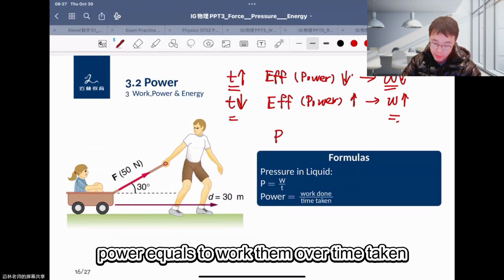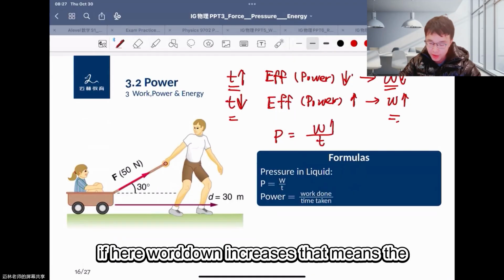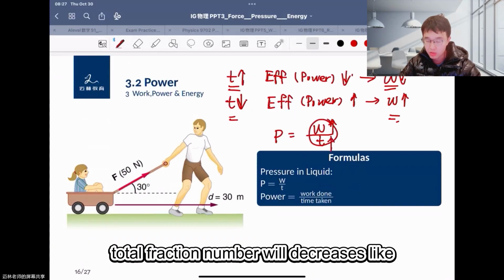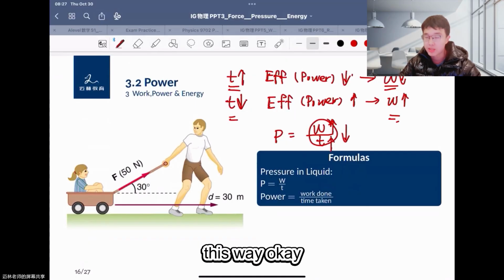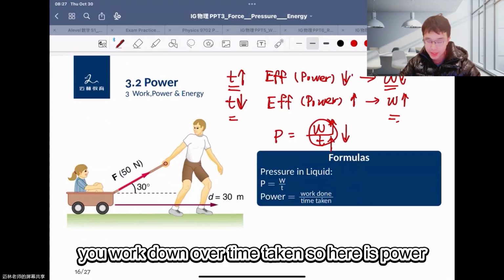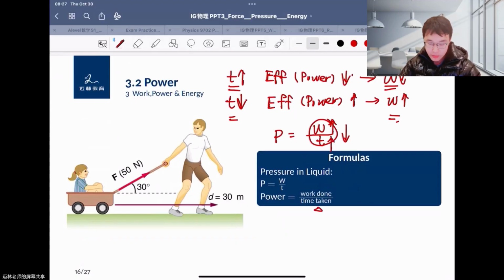So we can set power equals work done over time taken. If work done increases, that means the total fraction number will also increase. If the time taken increases, that means the total fraction number will decrease like this way. Okay. So here is power's meaning. Power equals work done over time taken. So here is power. Okay.